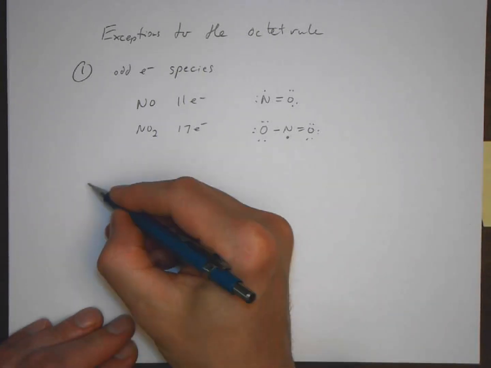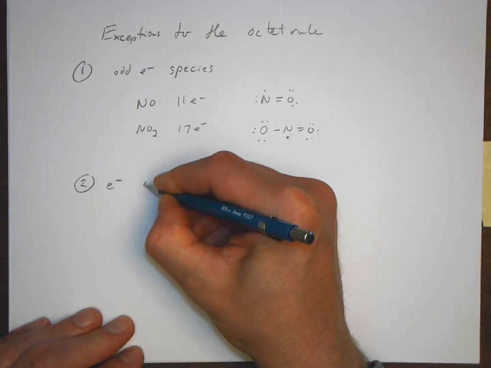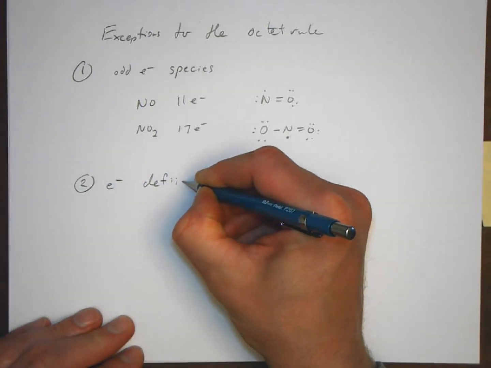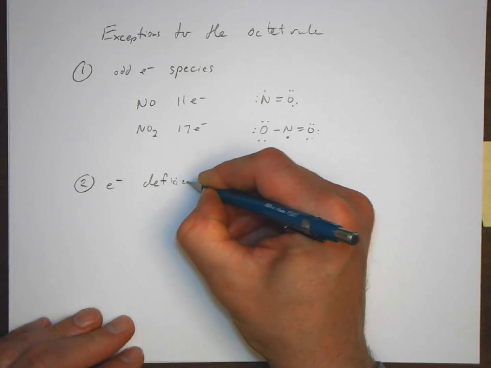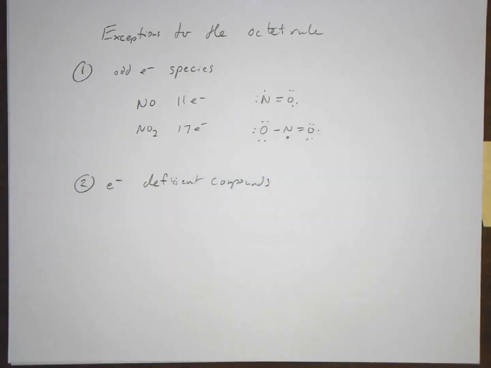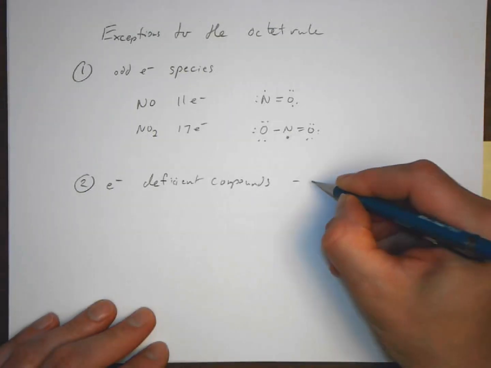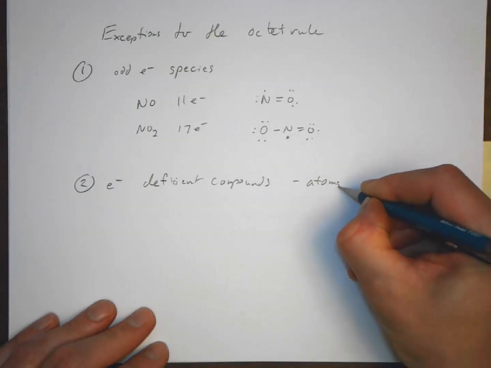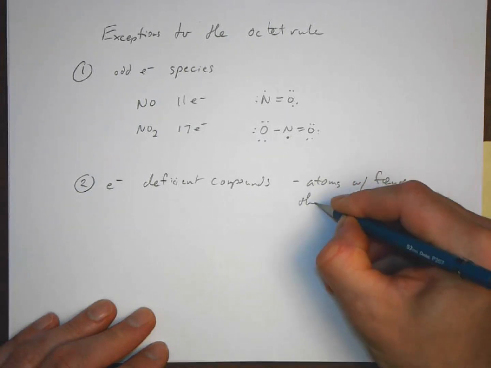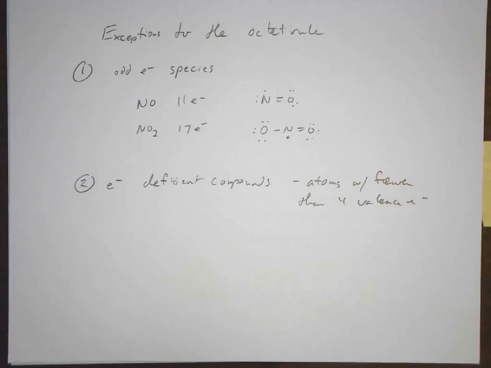Okay, so odd electron species can violate the octet rule. We can have electron deficient compounds. Atoms with fewer than 4 valence electrons is where you see this.